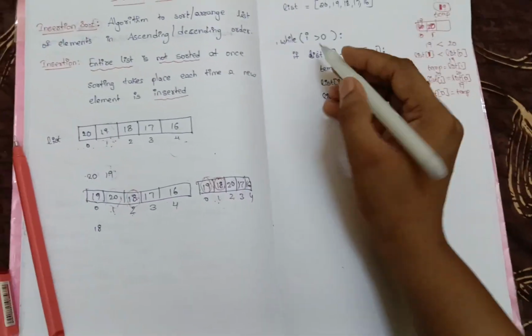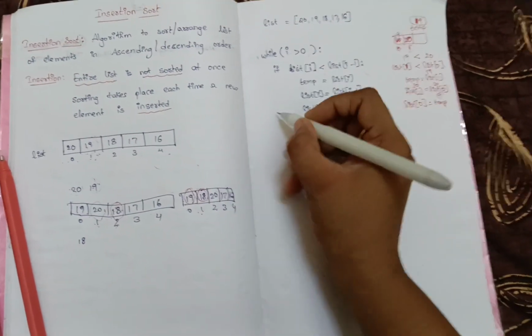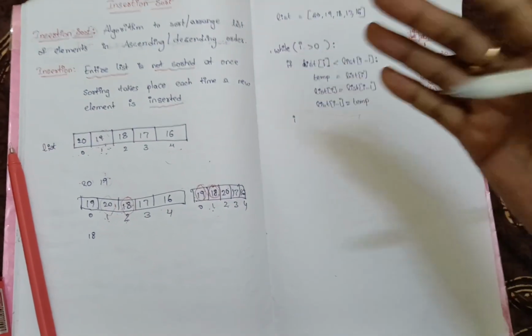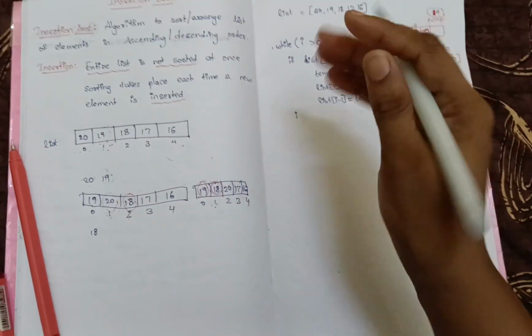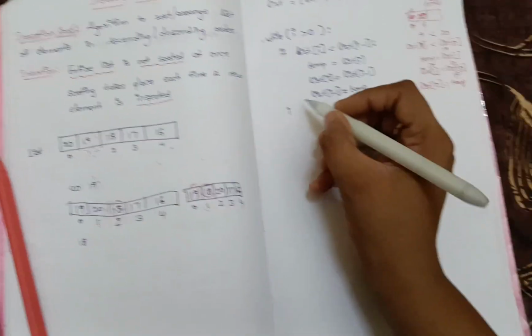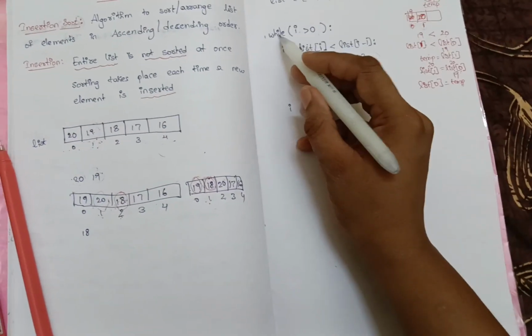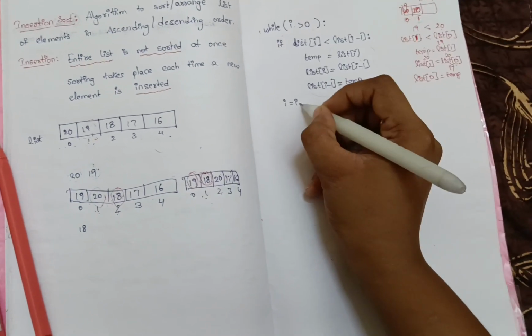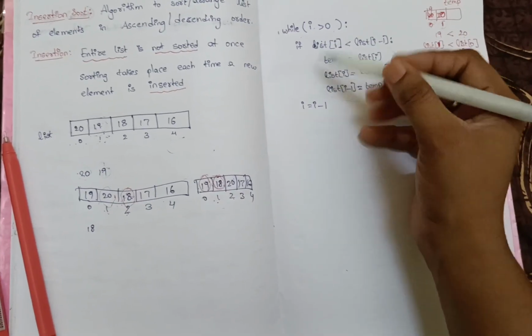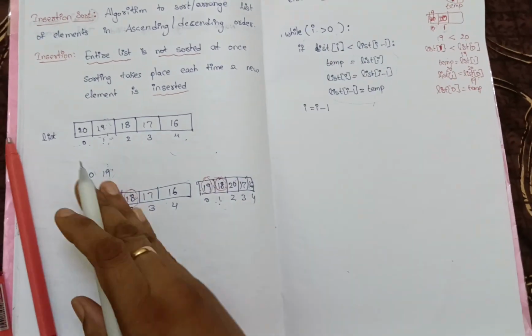Then here I value should be decremented. After every swap, or without swapping, I have to move to the previous index. Then how do I go to the previous index? I is equal to I minus 1. Whenever after comparison I have to go to the previous place.